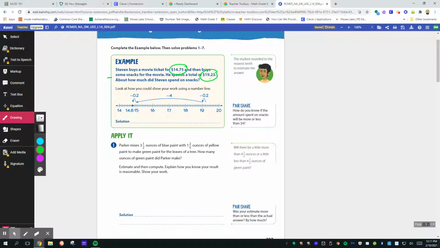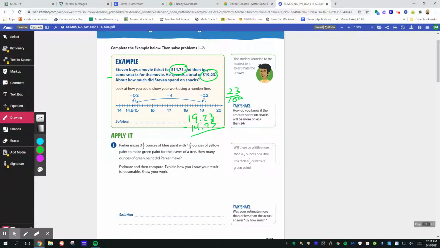So they did this by rounding to the nearest tenth. But you can also just go ahead and subtract 19 and 23 hundredths, which is kind of like a fraction, and subtracting 14.75. But they showed you that here's 19 and 2 tenths, which is about that rounded.